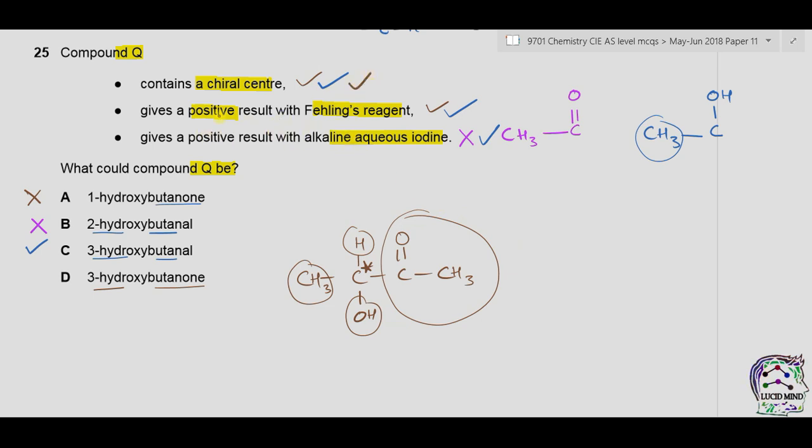As it is a ketone, it will not give a positive result with Fehling's reagent. And also we can see that CH3 is directly attached to the carbon atom having OH, so it will give a positive result with alkaline aqueous iodine. But as the second test is not satisfied, therefore D is wrong. Correct answer is therefore C.